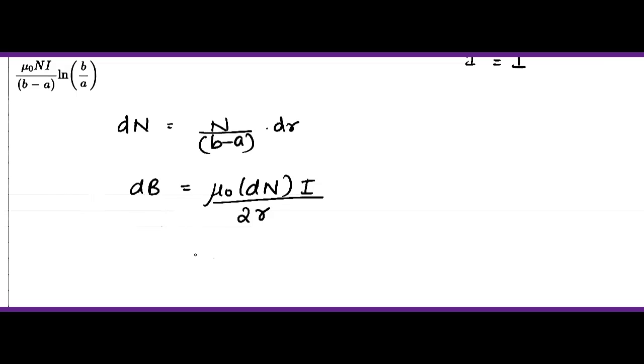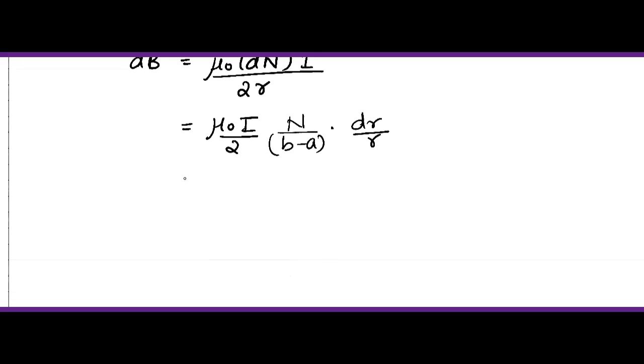So from here, dB would be equal to mu naught I by 2 into dn by r. We can write instead of dn, n by (b minus a) into dr by r.